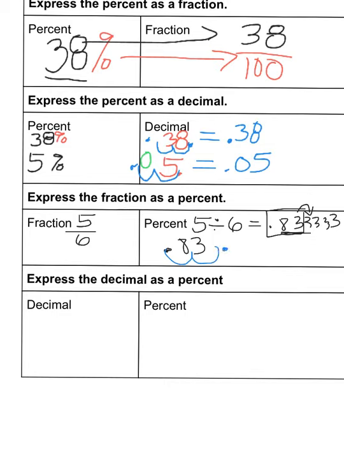My new decimal place is here. So this would become 83%, and that's because my decimal place has been moved to right here. And I'll show you another example of that down here.